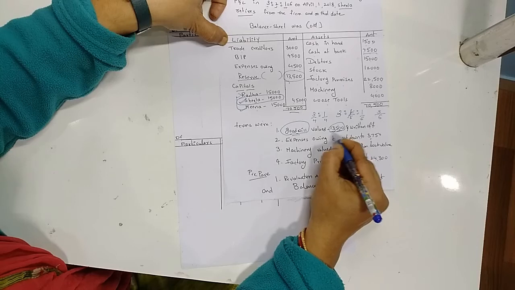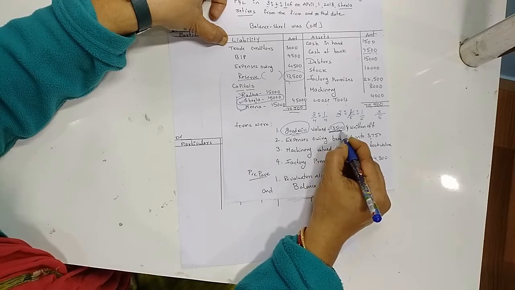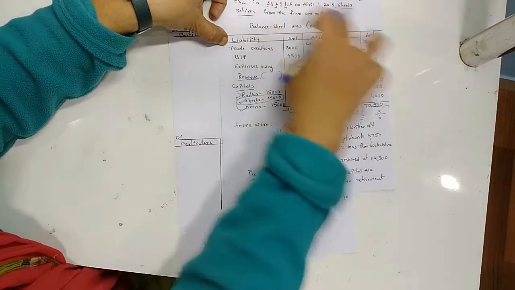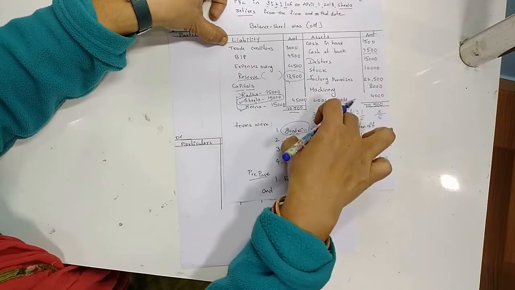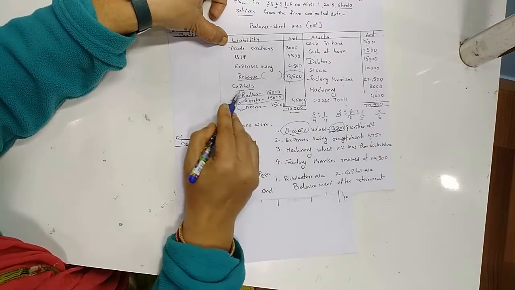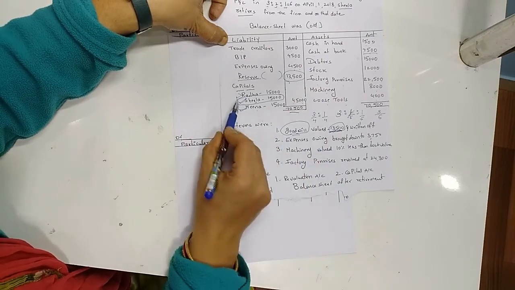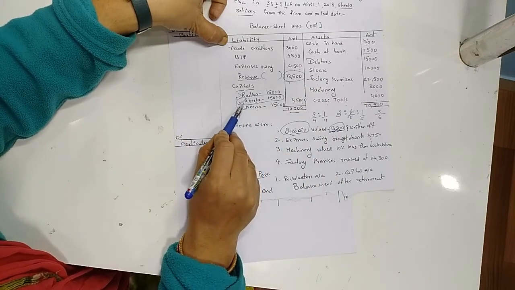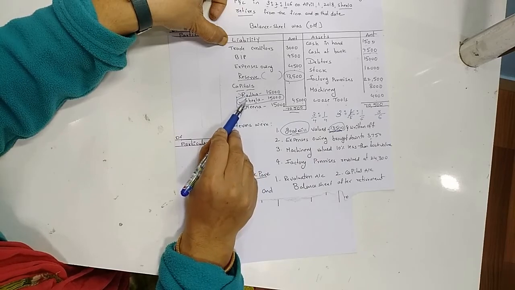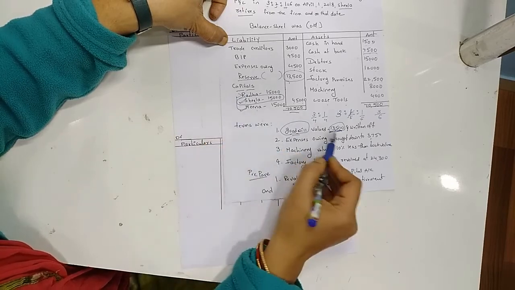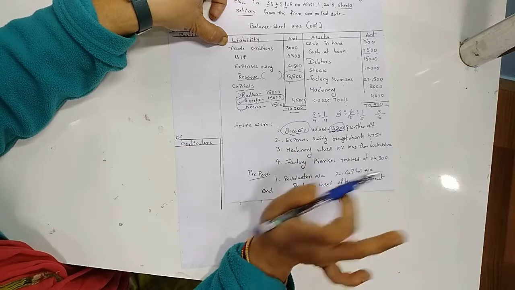This 13,500 shown in the adjustment is the complete partnership firm goodwill, so Radha and Meena's share will also be there. But don't worry about Radha and Meena's share, because Sheila is the only person going out. So we will take care of Sheila's share only as of now.